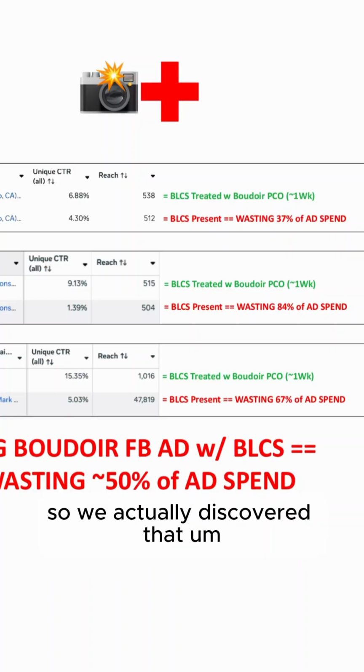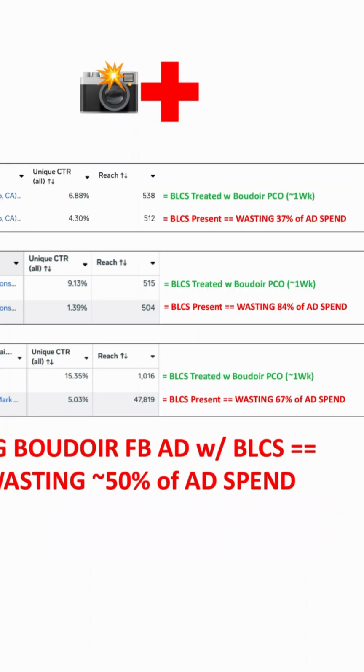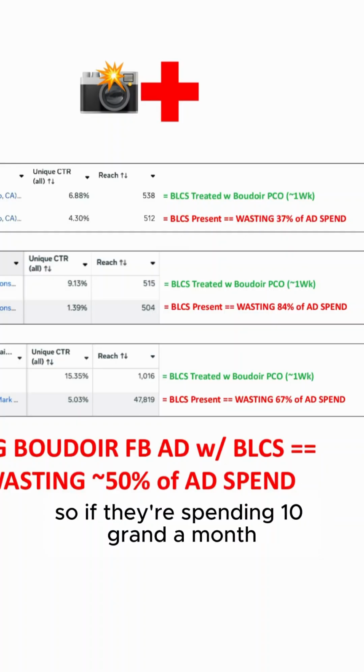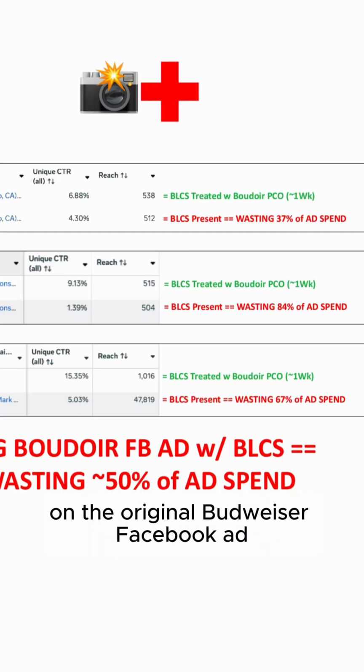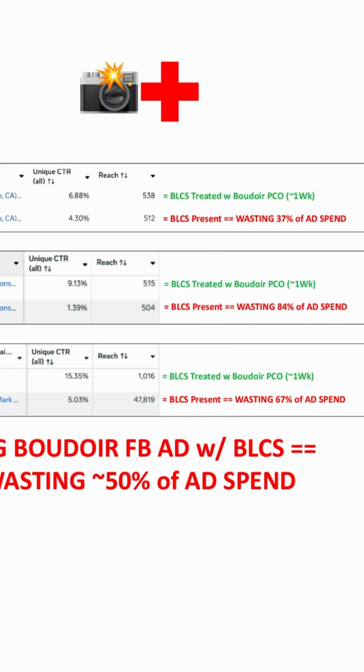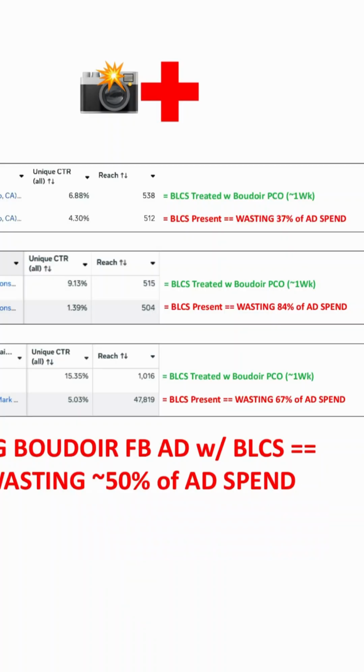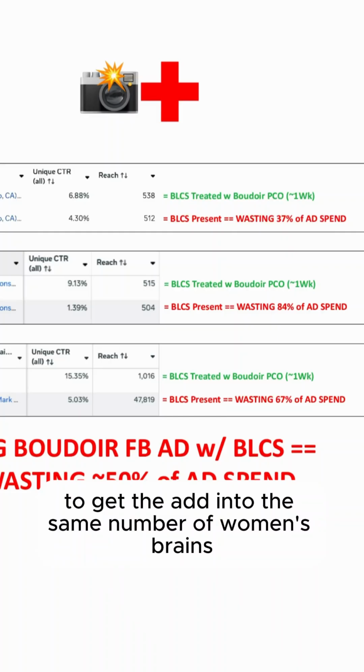So we actually discovered that the original was wasting 84% of ad spend. If they're spending 10 grand a month on the original Boudoir Facebook ad, they now only have to spend $1,600 a month on the Boudoir Pico treated ad to get the ad into the same number of women's brains.